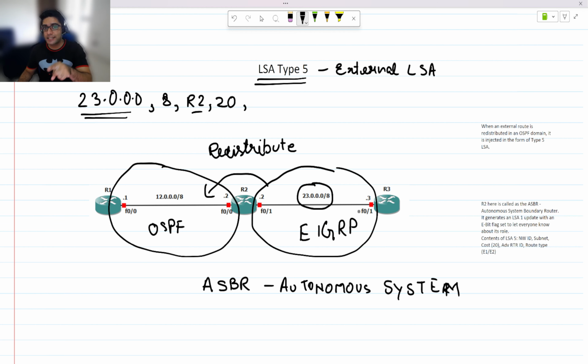But since it's an EIGRP network, R2 will consider its cost as 20 when it injects it into the OSPF network. So R2's cost to reach the 23 network is 20. And what is the route type? Is it an E1 route or an E2 route? We will talk about E1 and E2 routes in some time. So these are the contents inside the LSA type 5.